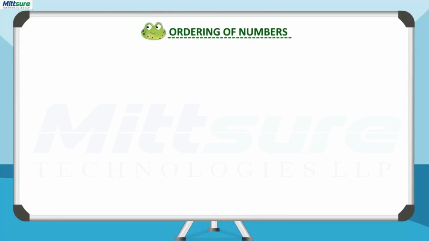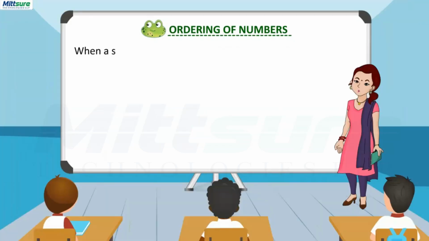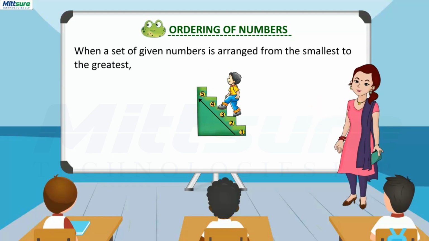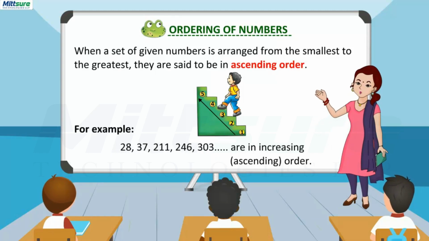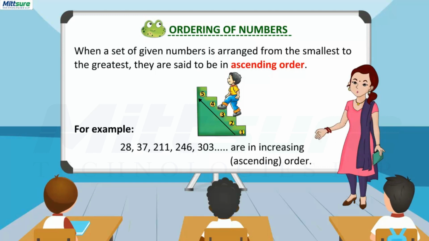Ordering of numbers. When two or more numbers are to be compared, we can use these rules to arrange them. When a set of given numbers is arranged from the smallest to the greatest, they are said to be in ascending order. For example, 28, 37, 211, 246, 303 are in increasing, ascending order.